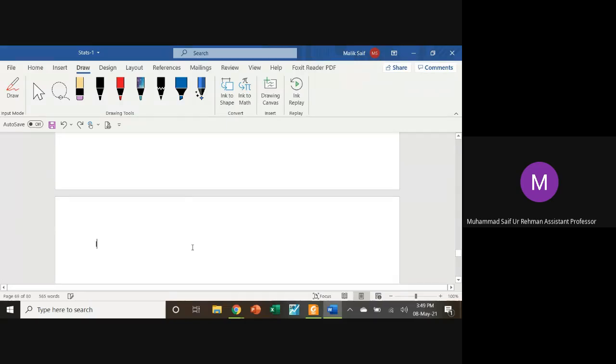Let's say if events AI, meaning A1, A2, A3 and so on up to AK, form a partition.